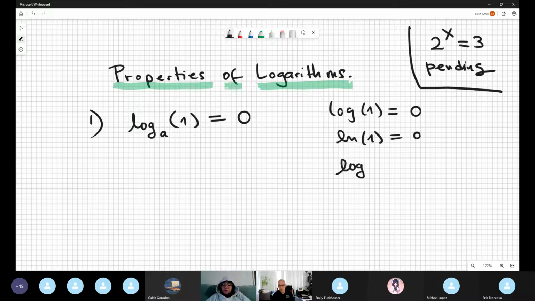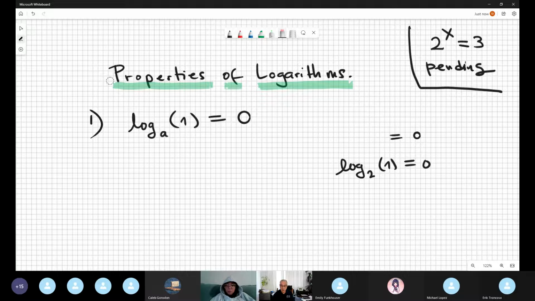Log base 2, for example, of 1, is 0. When the number inside the argument is 1, you need to know that it is 0, right? Are you clear? Yes. Cool. Any question, you let me know.